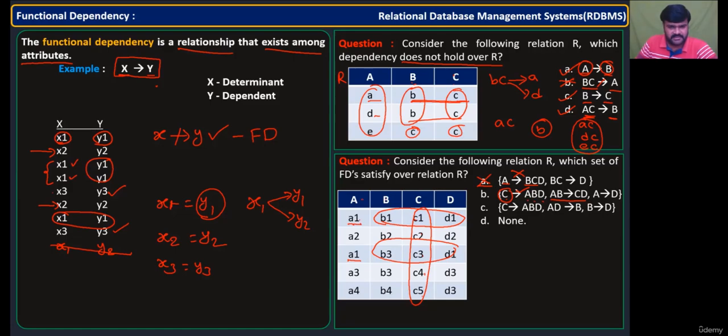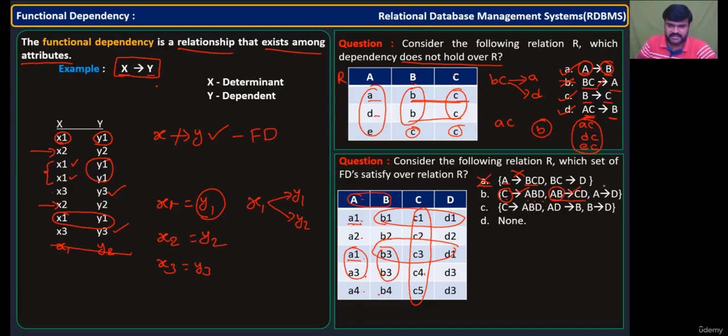Take A1, B1, A2, B2, A1, B3, A3, B3, A4, B4. Only B3 is repeated, but the combination is not repeated, so every combination AB is distinct. So this is also a valid FD.